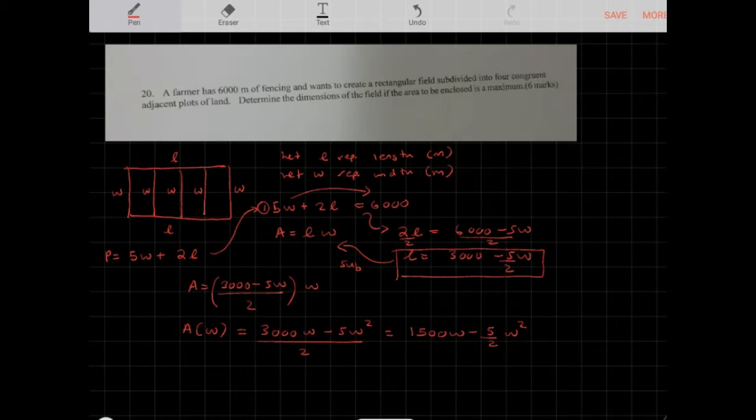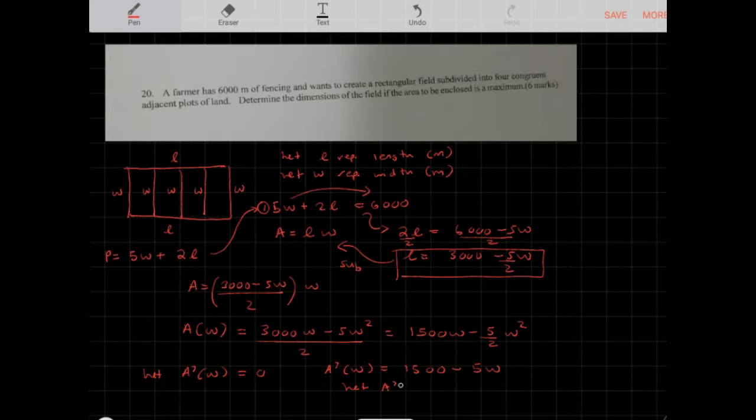Okay, so now that we have that, we actually have a function with 1 variable. We want to find the dimensions if the area is going to be maximum. So to optimize our area, I'm going to find the first derivative and let it equal 0. So the first derivative of this function here is 1,500 minus 5W, right?